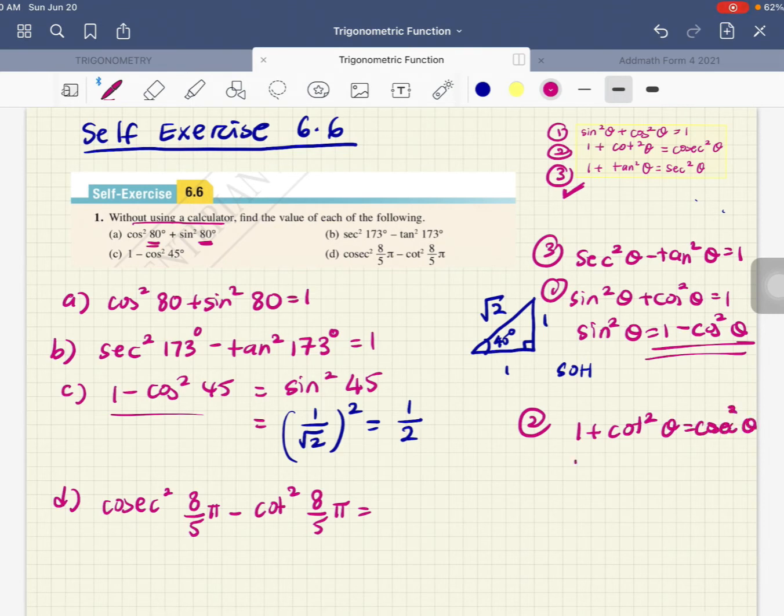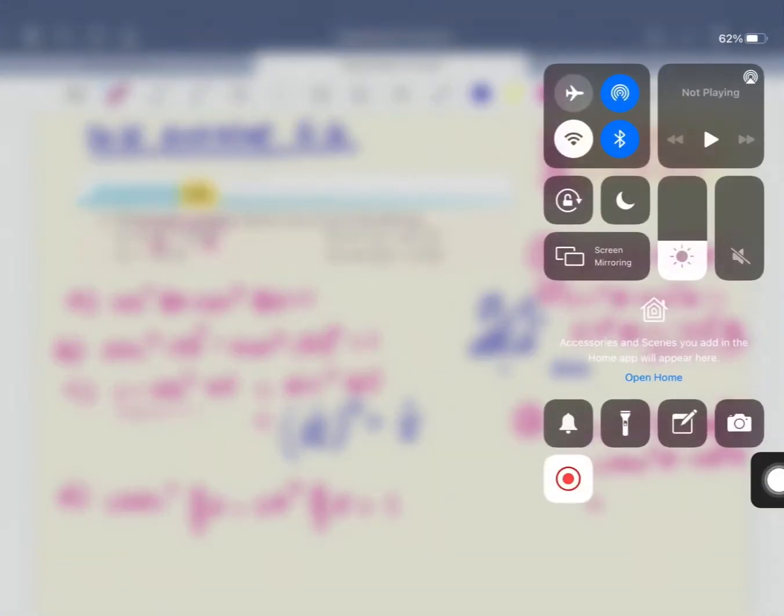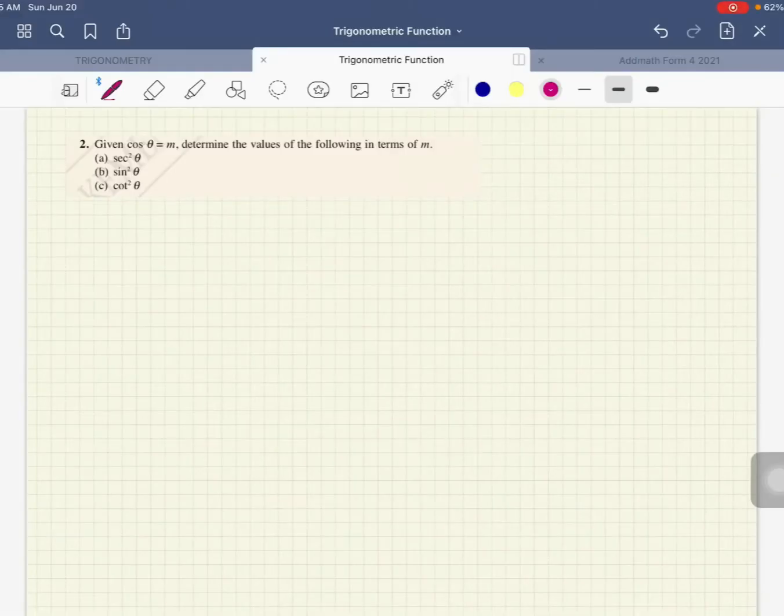So 1 equals cosecant squared theta minus cot squared theta. You see the same angle here, and this is also the same angle. So it's supposed to be 1. Alright, easy, right?